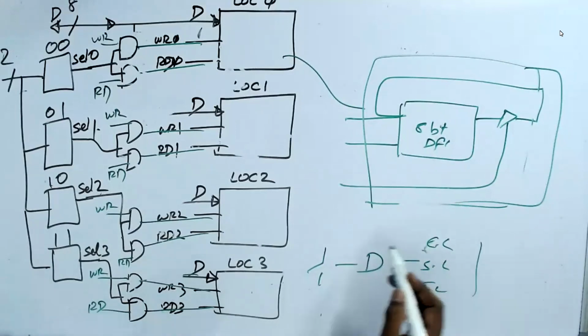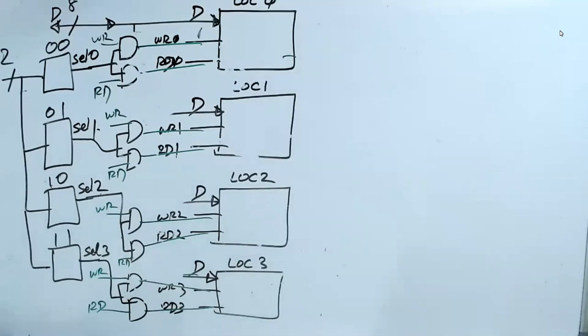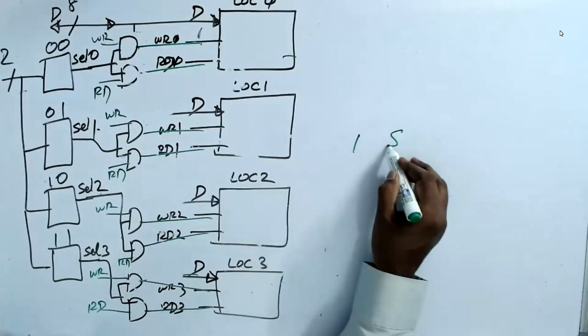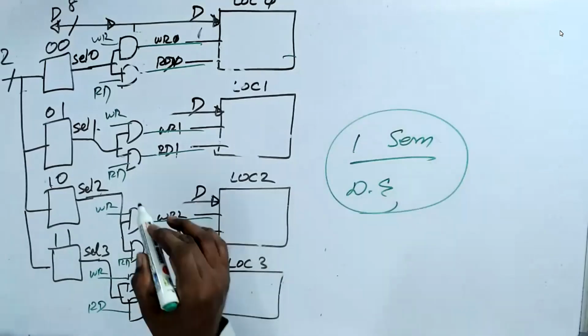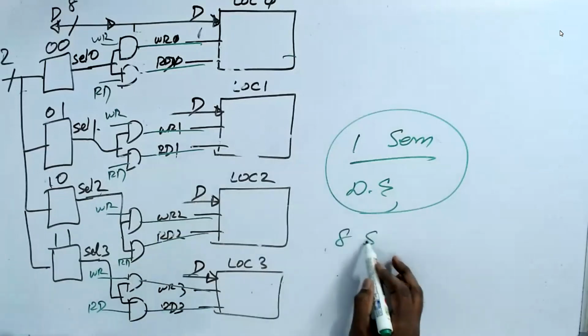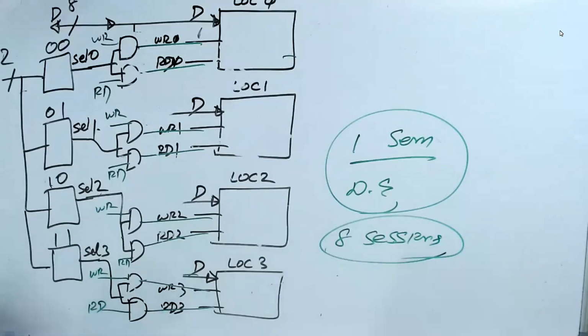Now we are forming a read-write memory. So go back and make sure, this is what you study in the entire 1 semester of digital electronics, which I covered in 8 sessions. And make sure that you thoroughly understand.